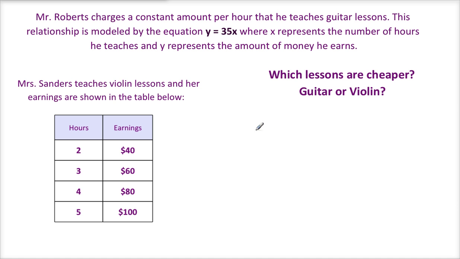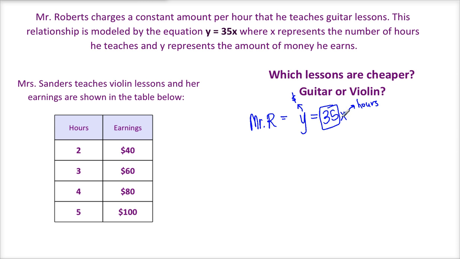Okay, so let's do Mr. Roberts. His is given by the equation y equals 35x, where x is the number of hours and y is the amount of money that he earns. So this 35 right here, this is how much he charges per hour.